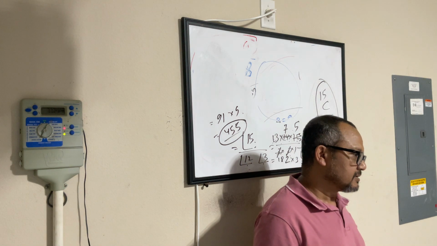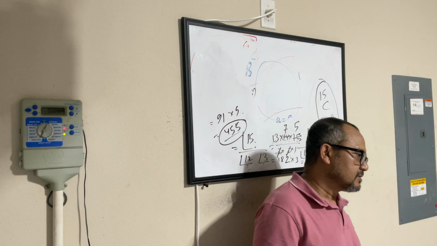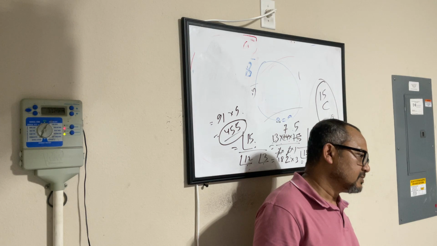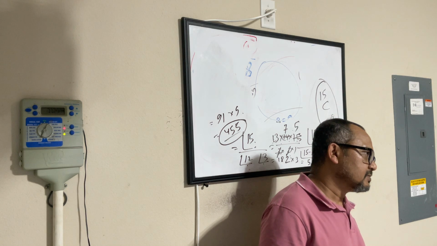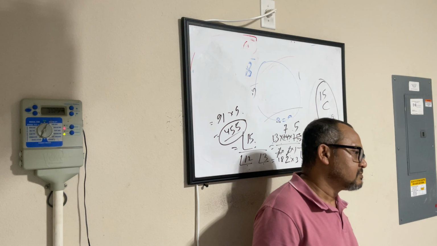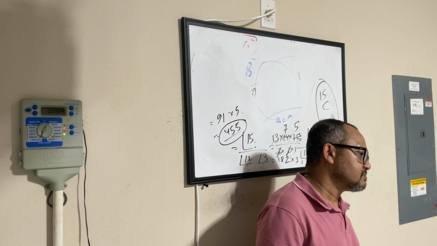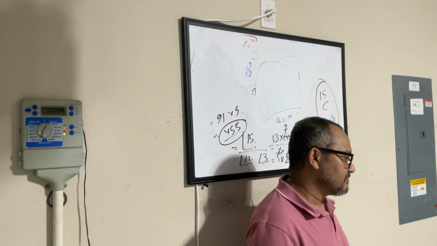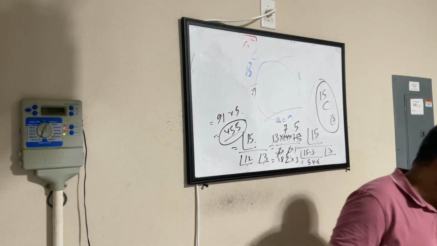Then we want 4 options, so 4 cards that we want, 2 aces, 2 queens. What is your story? Tell me.